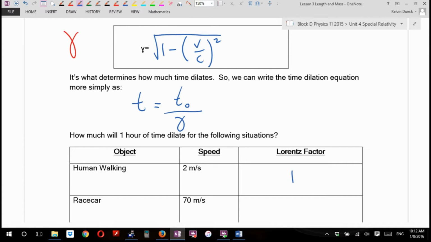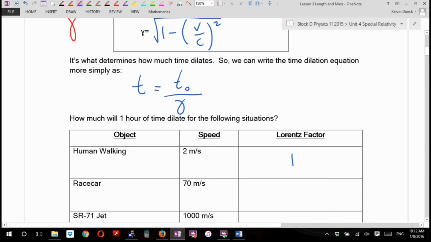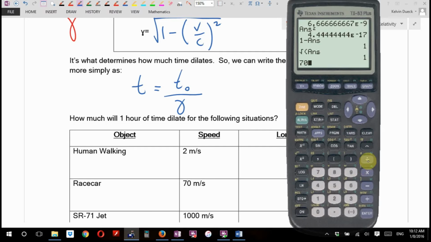Hey, Courtney, maybe a race car might notice time slowing down. In a race car, you're going about 70 meters per second. Okay, so I'm going to go 70 divided by the speed of light. Squared. 1 minus that. Uh-oh. I'm going to quit right here.